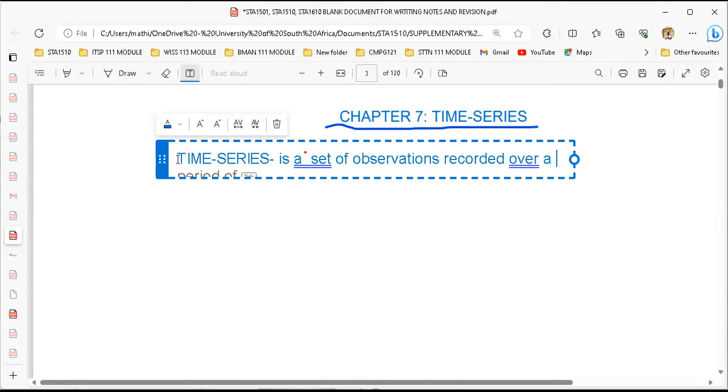Remember, every time you cannot do a certain chapter, maybe you don't understand the basics or the definition. That's why I started here, because we are dealing with time series, and you need to know the definition.